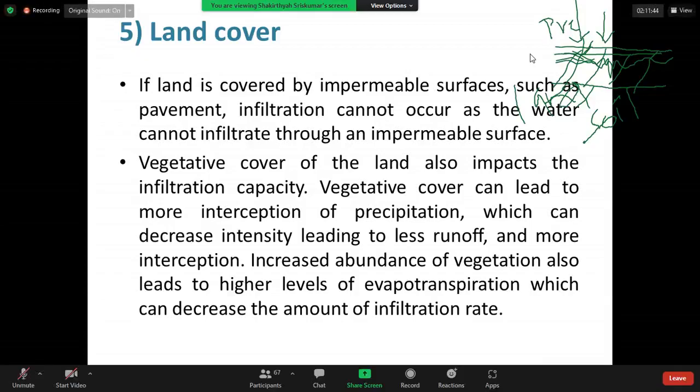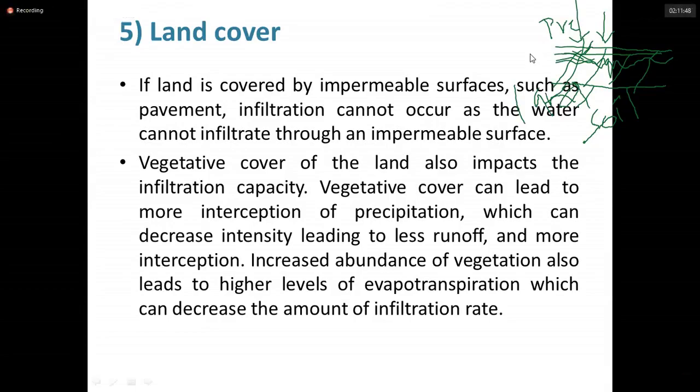The vegetation cover of the land also impacts the infiltration capacity. Vegetation cover can lead to more interception of precipitation, which can decrease the intensity, leading to less runoff. Not only the infiltration is affected, the runoff is also affected. Why? These plants capture most of the precipitation as interception.